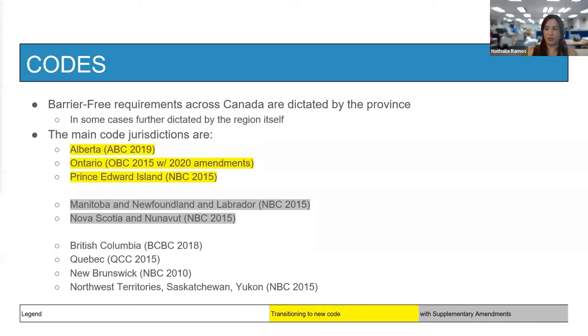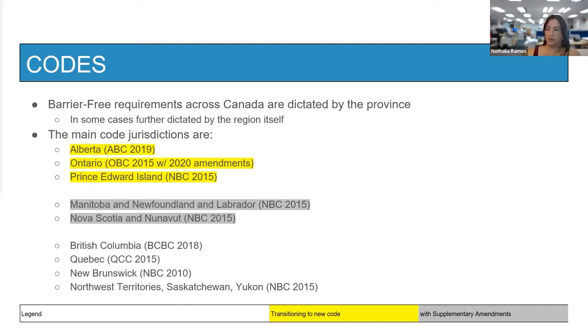with the 2020 amendments. We also have Prince Edward Island, which is based on NBC 2015. These first three are highlighted in yellow because they are transitioning to a new code. We also have Manitoba and Newfoundland and Labrador based on the NBC 2015.